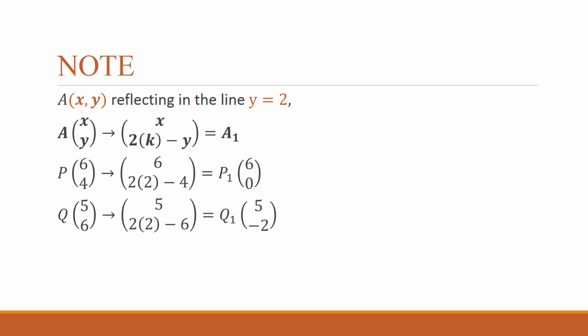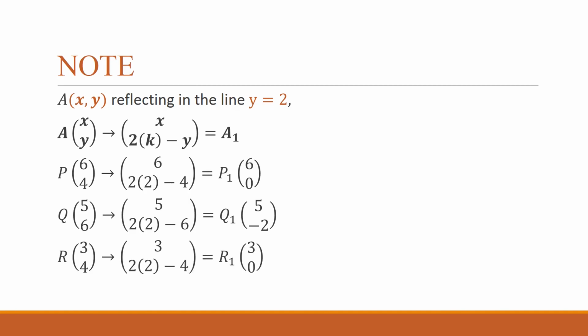The second point Q (5, 6), remember that the x-coordinate remains the same. That is why we see 5. So on the y-coordinate, we multiply the constant, which is 2, by the number 2 and subtract the y-coordinate, which is 6, and that will produce the image point Q1 (5, negative 2).